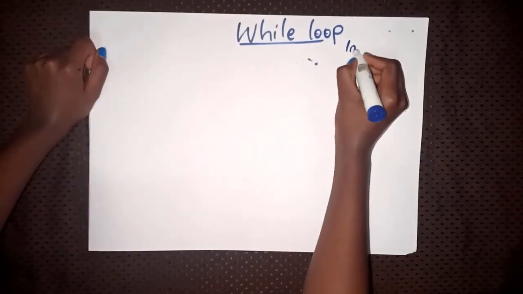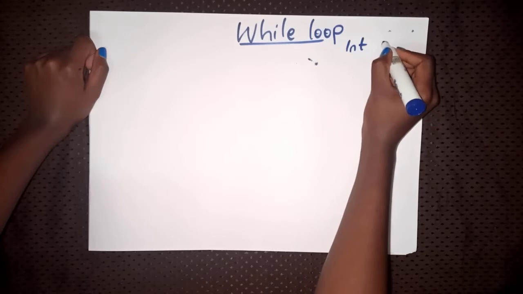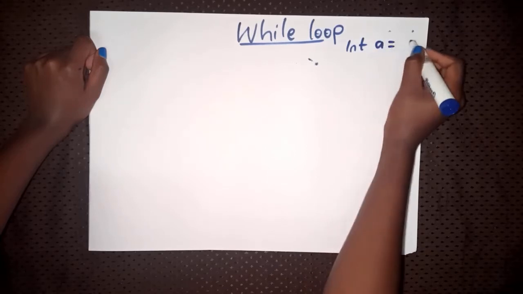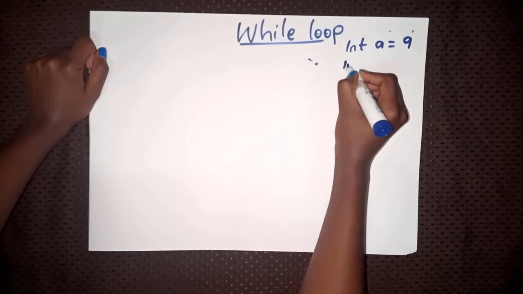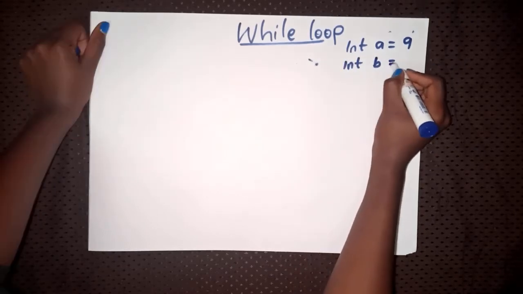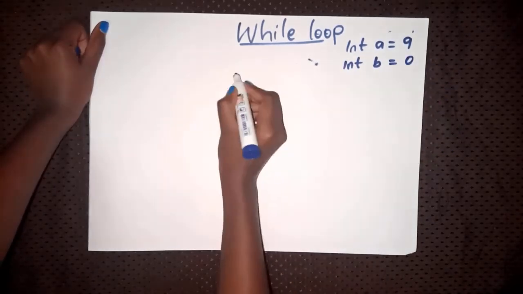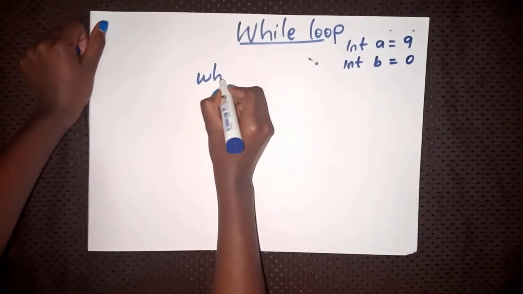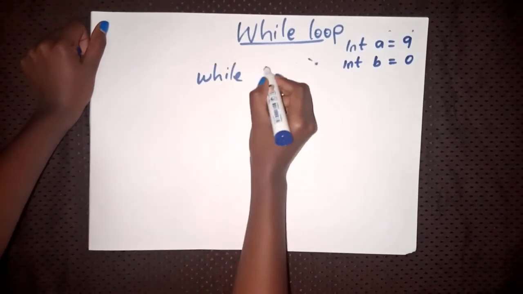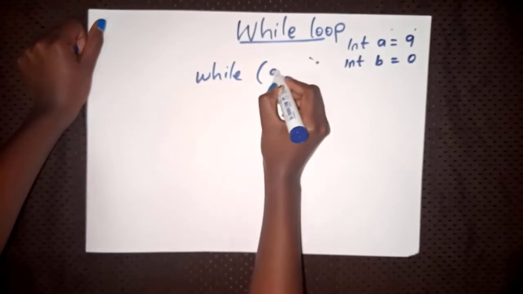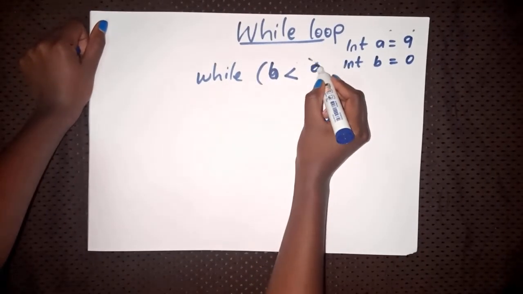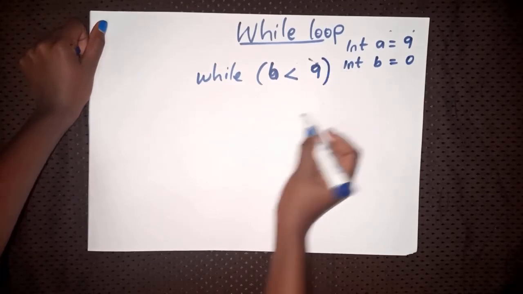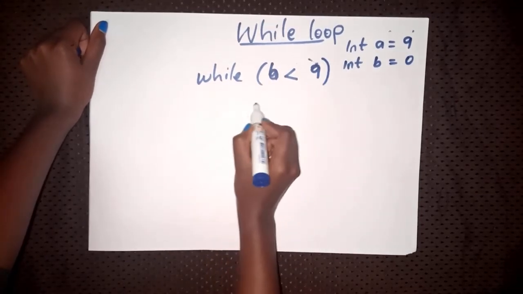We have an integer a and we've declared it to be 9. And then we have another one, b, and we declare it to be 0. So then when we use while, we say while b is less than a, do this.